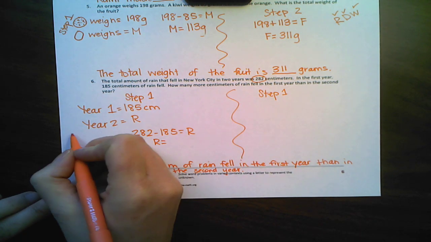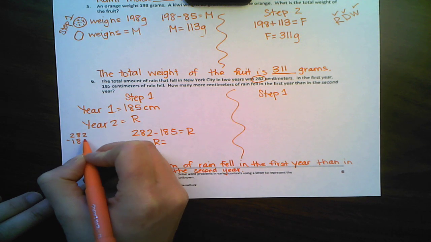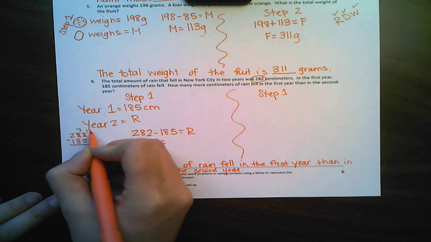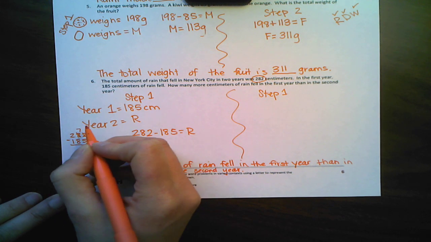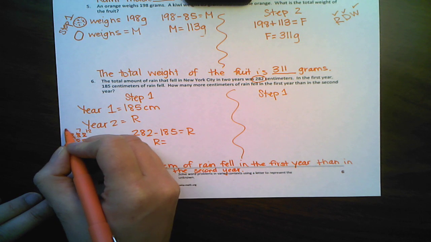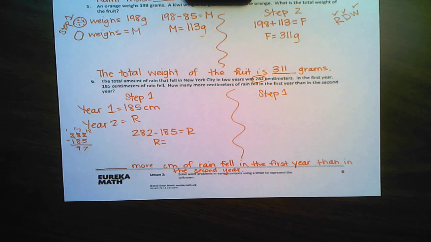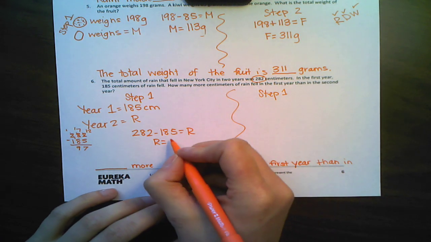I'm going to write that vertically so I can figure it out. You please solve that on your own as well. Did you get the same as me? Did you get 97 centimeters?